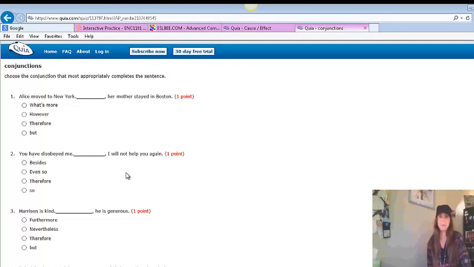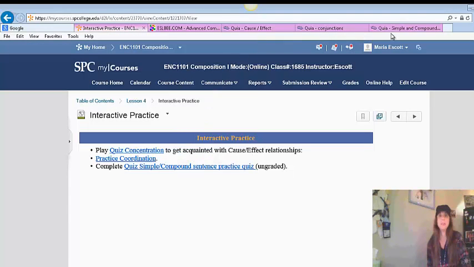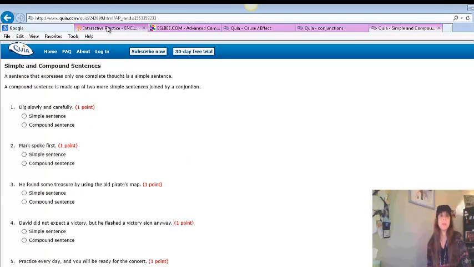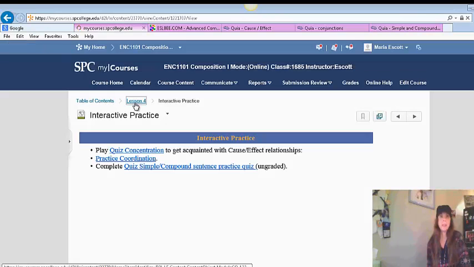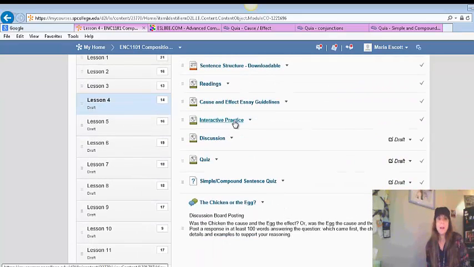Again, you can work on these. Again, they're not graded. Don't panic. Ungraded, it even says it right there. Okay. All right, so make sure you go through all of those things. All right, that's the interactive practice. And if we go back to lesson 4, think of interactive practice as fun.